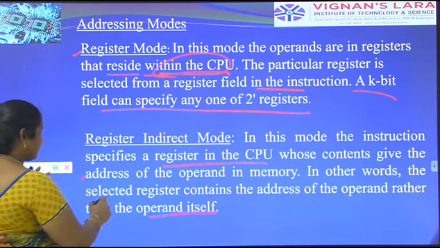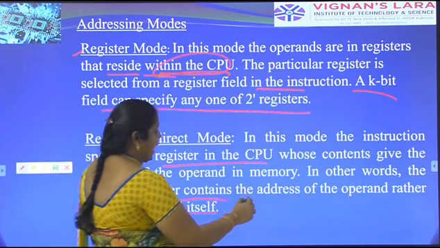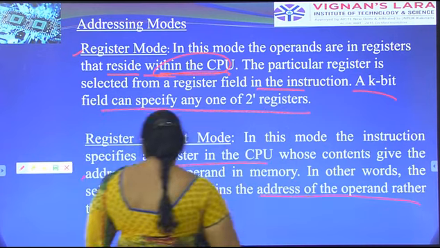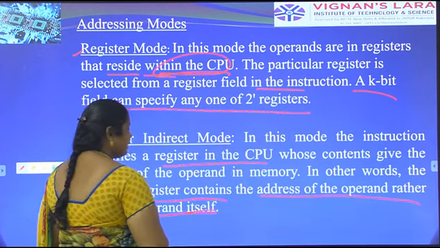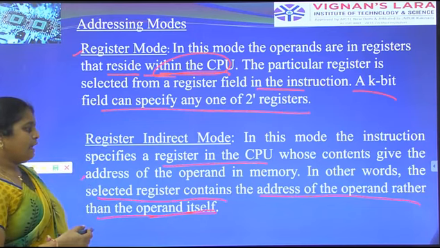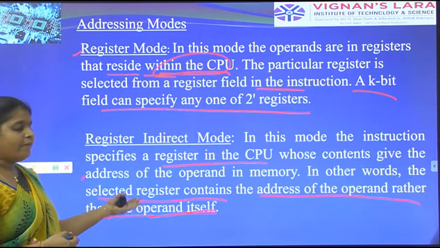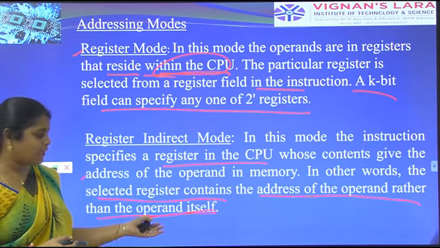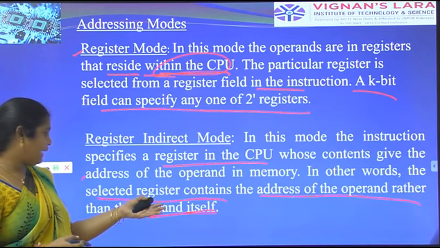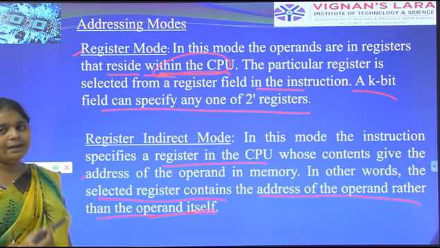In other words, the selected register contains the address of the operand rather than the operand itself.